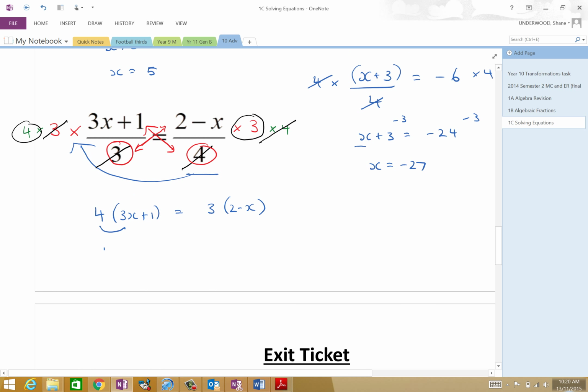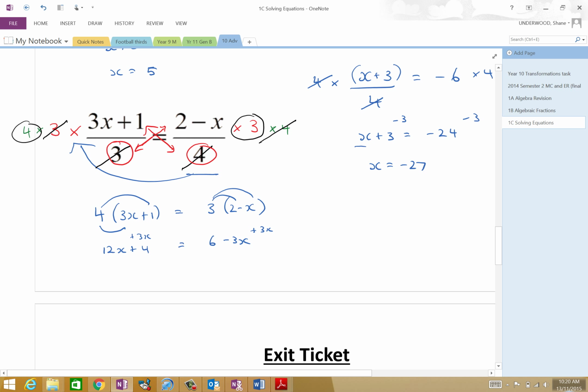4 times 3x is 12x. 4 times 1 is 4. 3 times 2 is 6. 3 times negative x is negative 3x. Okay, let's have a look at the right-hand side. We've got negative 3x. We can add 3x to both sides.